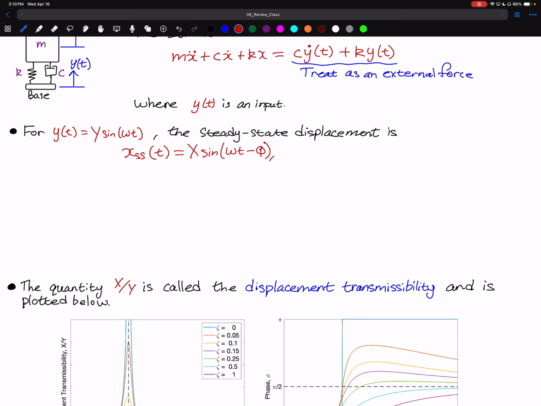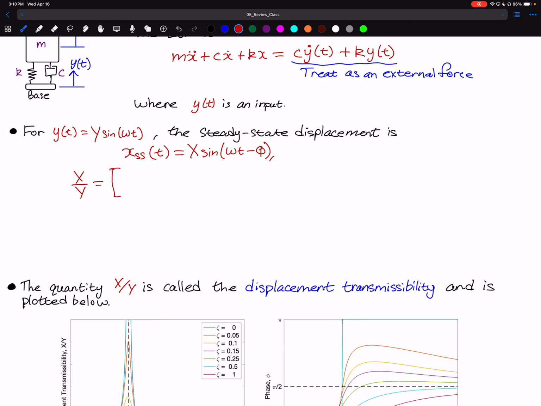And then our goal is to find expressions for capital X and for phi, which is what we did, although we looked at the ratio capital X over capital Y, which we called the displacement transmissibility.